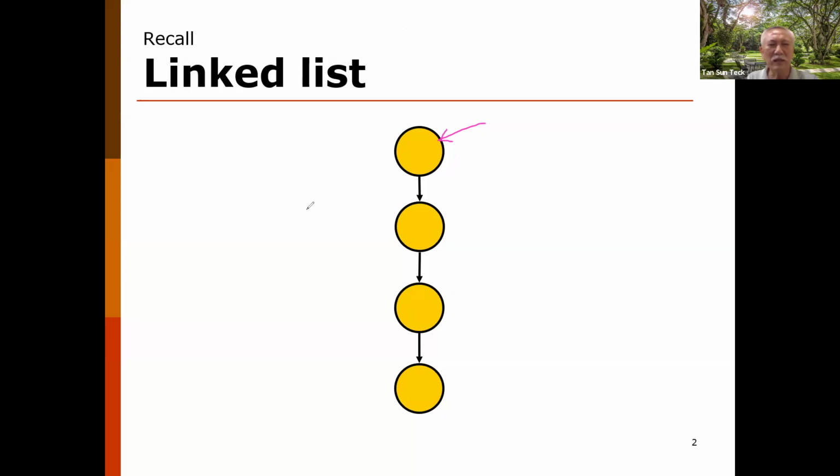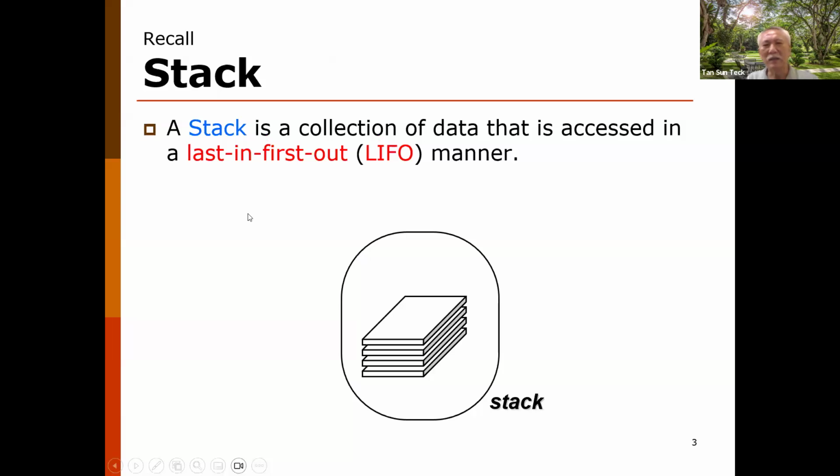We also mentioned that with either the array or linked list, we can treat it as a basic building block. By using this, we can create other ADTs. For example, we discussed two ADTs created using a linked list or array.